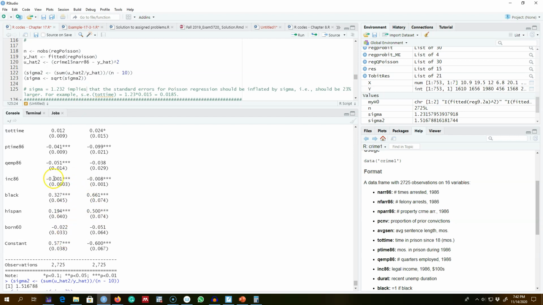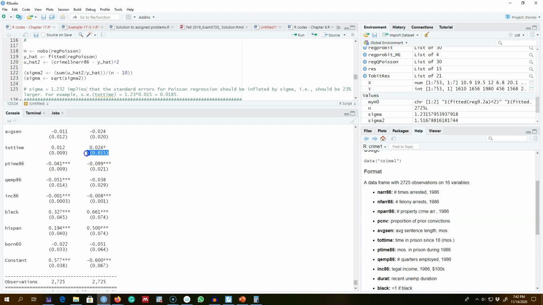For example, let's look at the standard error for total time, which is 0.105 in the case of Poisson. It should be inflated by 1.23 or 23%, and inflating it by 23% will give us a value of 0.0185.